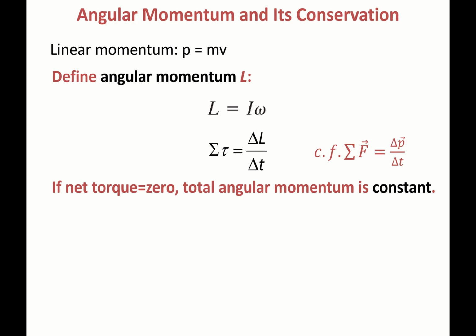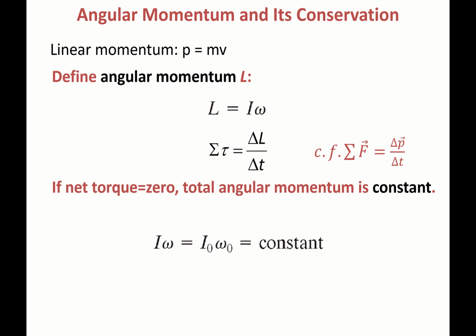And just like we did for linear momentum, for angular momentum, if the net torque is zero, so the left side is zero, that means the right side is zero, so that means that the change in angular momentum is zero, so the angular momentum is constant. So if there's no net external torques making something speed up or slow down, then the total angular momentum is constant. So I times omega will be conserved.